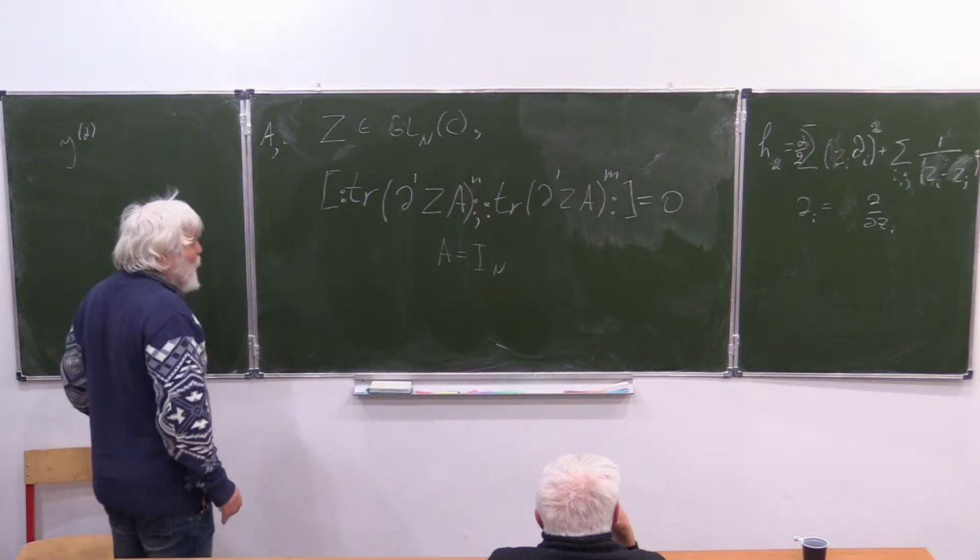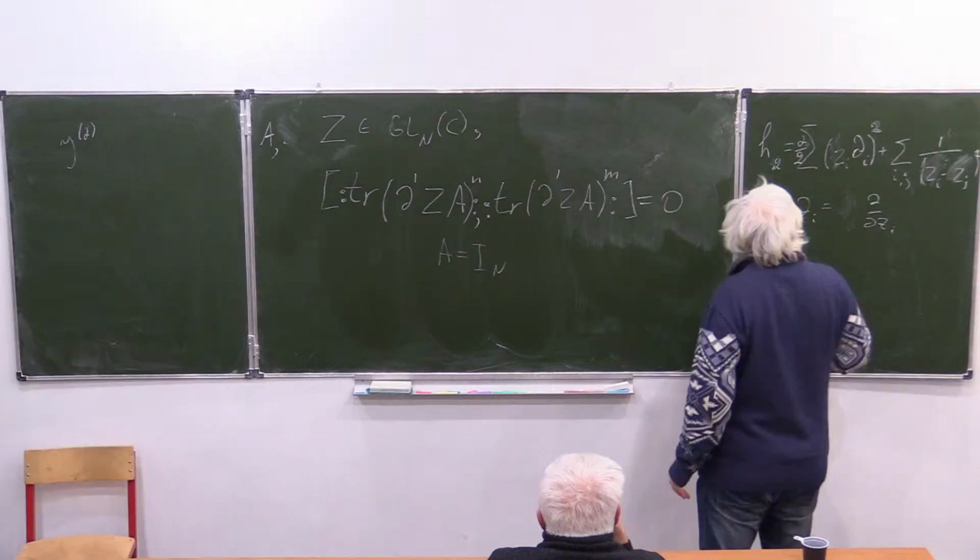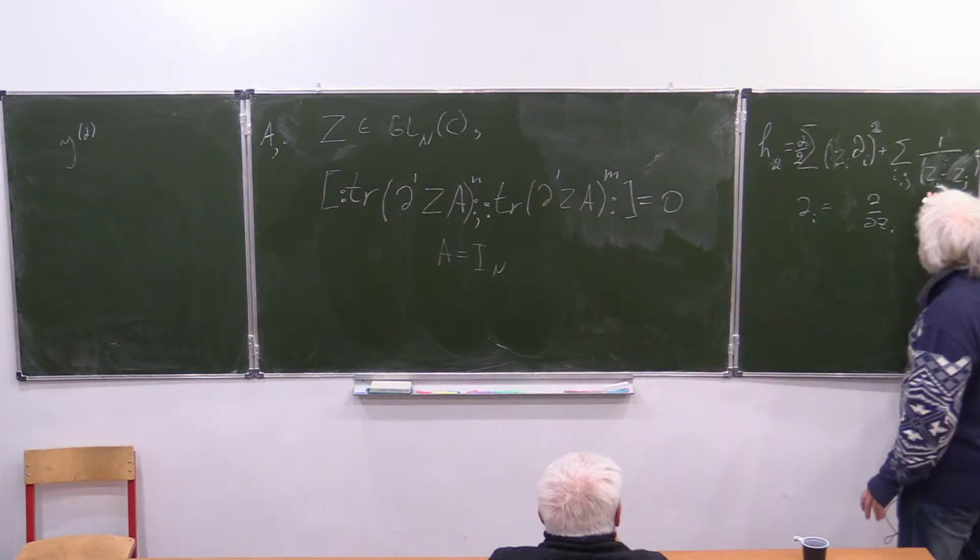And there is a set of commuting higher Hamiltonians. These are coordinates of particles, and these coordinates of particles are eigenvalues of this Z in case A is the identity matrix.